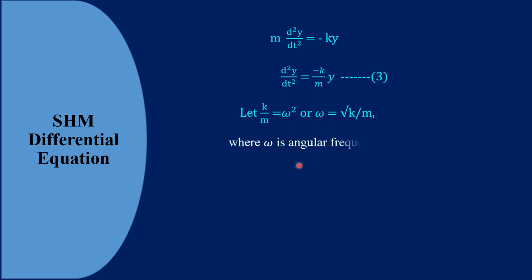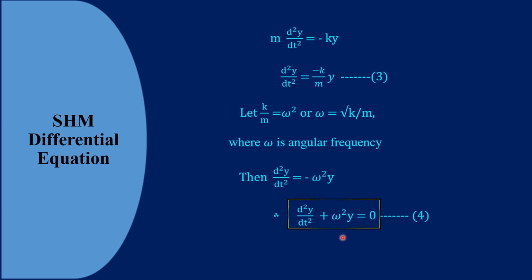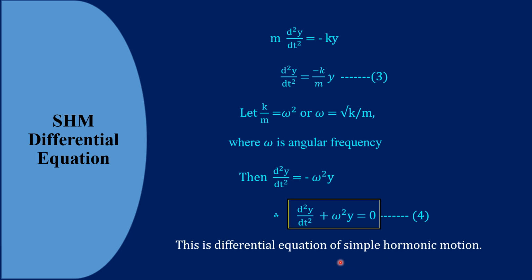Here omega means angular frequency. So now equation 3 will become d square y by dt square is equal to minus omega square y. Therefore d square y by dt square plus omega square y is equal to 0. Say it is equation number 4, and this is known as the differential equation of simple harmonic motion.